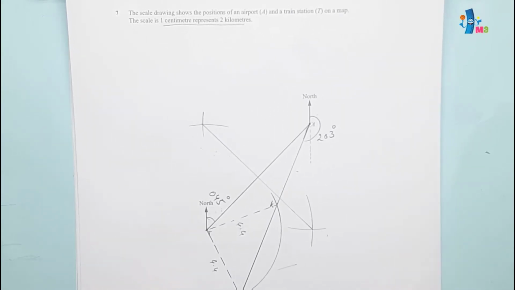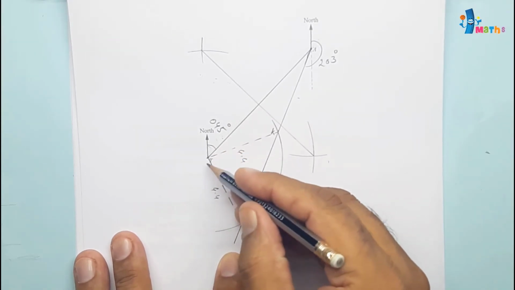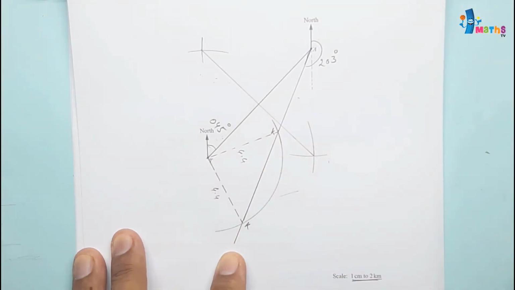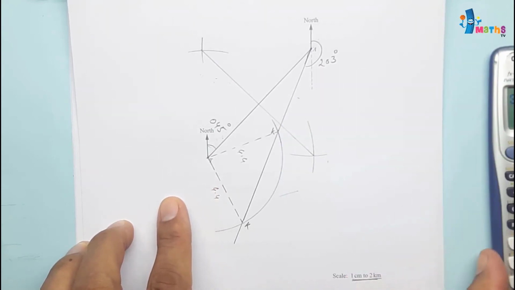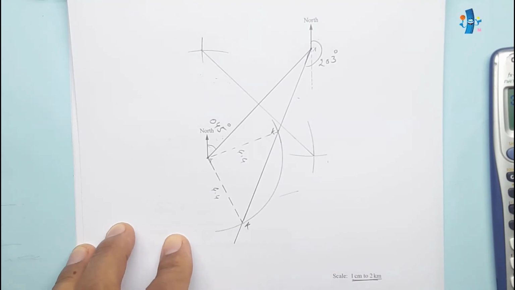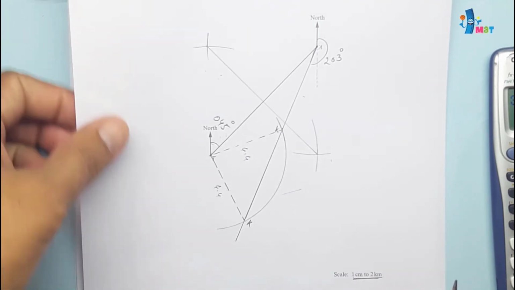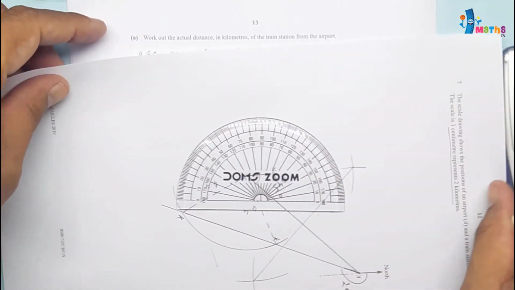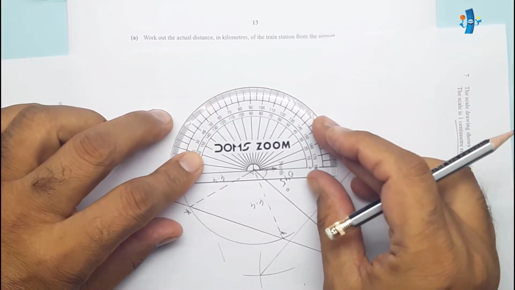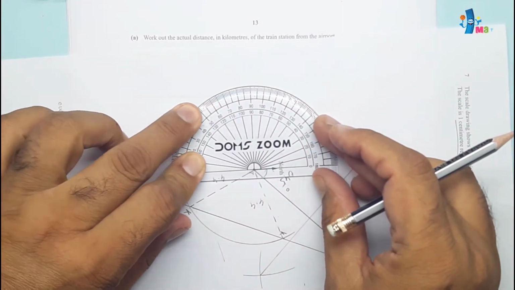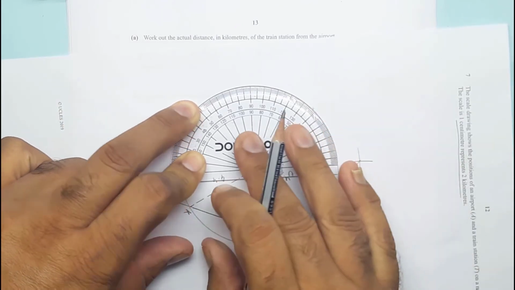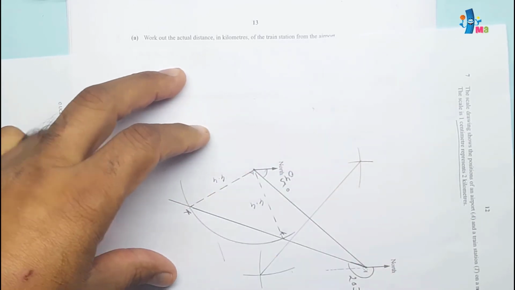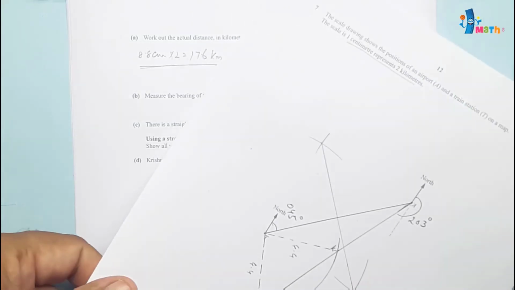So from here 318 means 360 is the complete circle angle. So 360 minus 318 will be equal to 42. So 42 angle we will draw on this one. 42 will be over here, this one 40, and we can take it as 42. And after that we will be joining this.